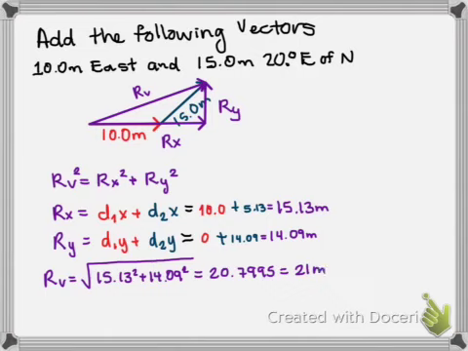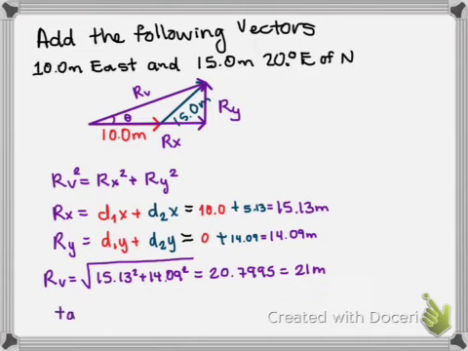Now we need to find theta, which is right there. And theta can be found with, if you see in there, we have Ry and Rx. Ry happens to be the opposite side of theta, and Rx happens to be the adjacent. So the trigonometric ratio that relates opposite and adjacent is tangent.